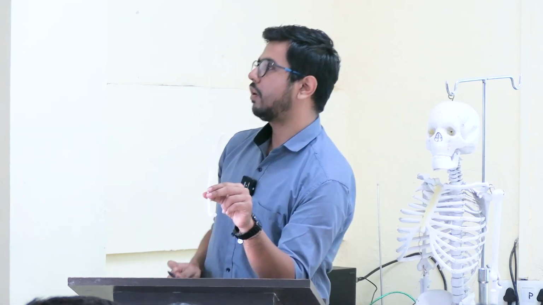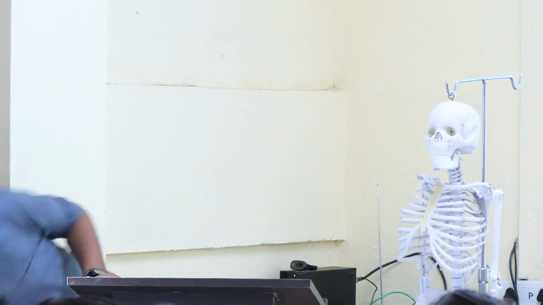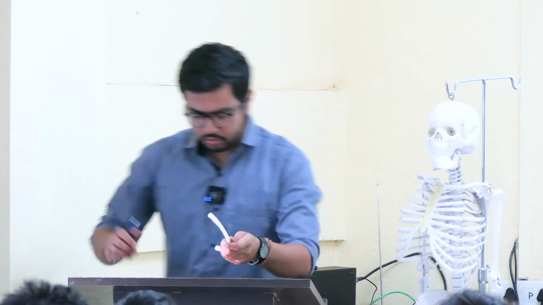Like the femur, this also has an outer lip and an inner lip. This is the outer lip of the upper border, this is the inner lip of the upper border. You need to remember that, because there are some muscles attaching on the outer lip and inner lip.